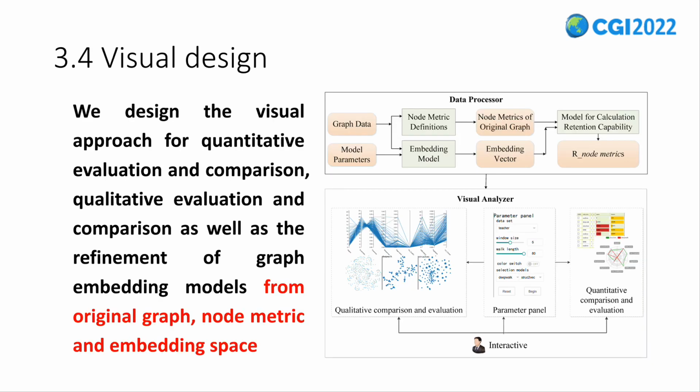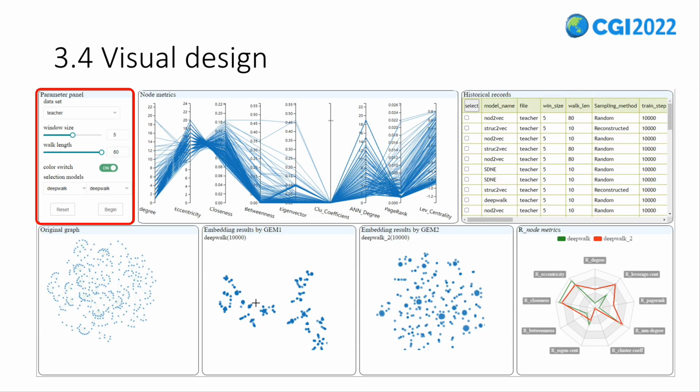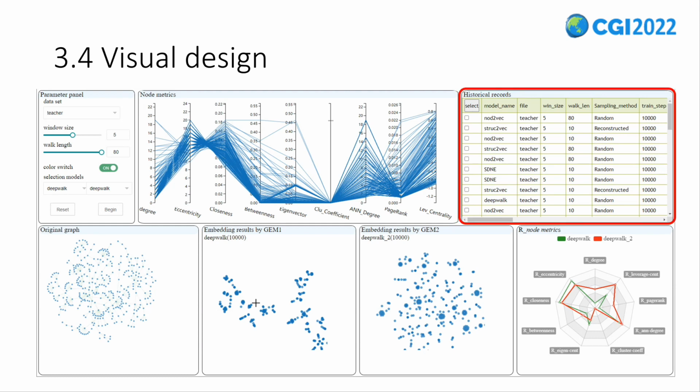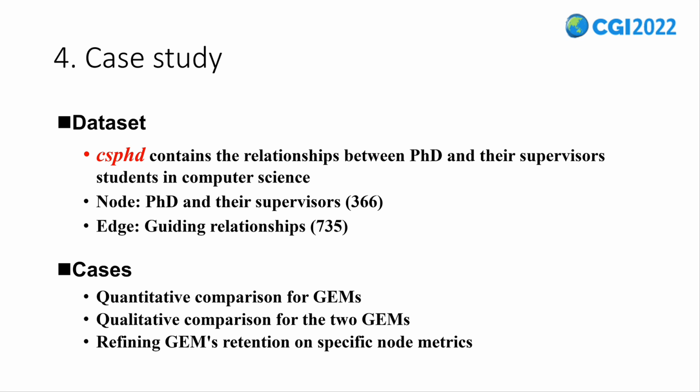In order to compare and refine the graph embedding model, we designed GEMvis. The visual interface of GEMvis consists of parameter panel, node metric, original graph, embedding result, R node metric, and historical record views. To clearly explain our approach, the open dataset CSPHD is used in this study.